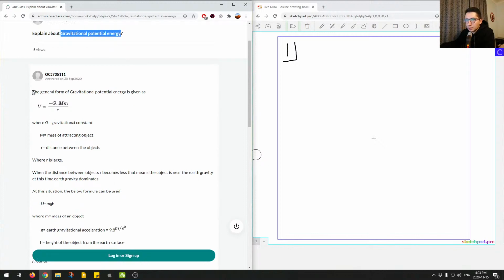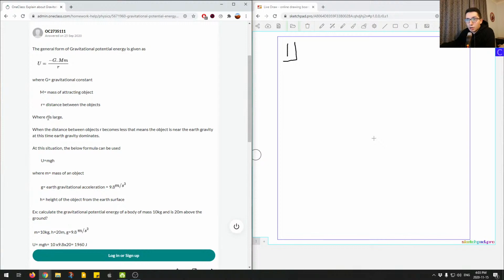Reading on to the Junior Tutor's answer, the general form of gravitational potential energy is given as this. So there's the general form when you have two masses attracting one another, and then we have r for the distance between the objects and G for the gravitational constant. So there's just some constant.